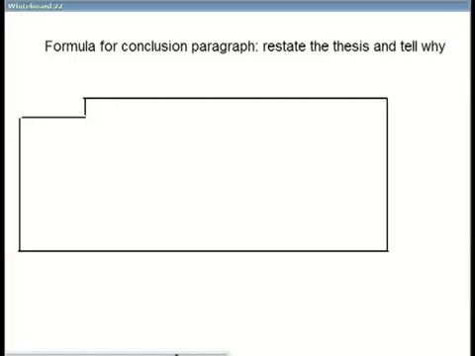So the first thing we're going to do is restate your thesis. Remember, your thesis was, seeing my dad die was the hardest thing I've ever done. So you could begin something like, I am now a middle-aged woman, no longer a teenager.